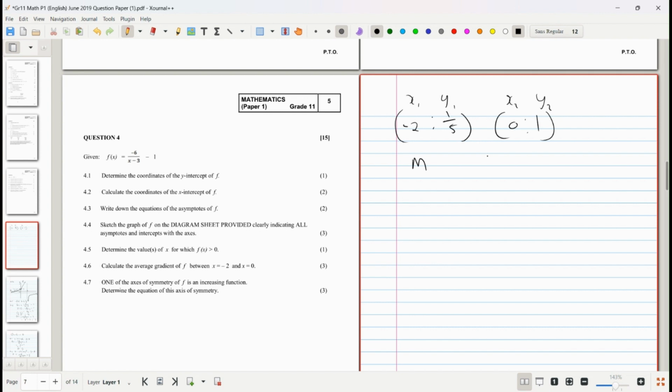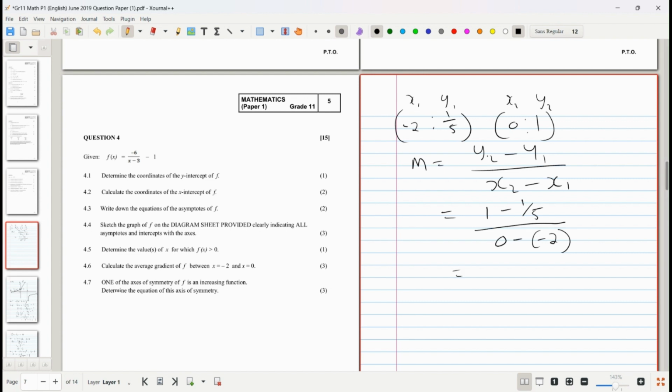So our gradient, which is m, will be y2 minus y1, all divided by x2 minus x1. So we'll have 1 minus 1 over 5, and 0 minus -2.